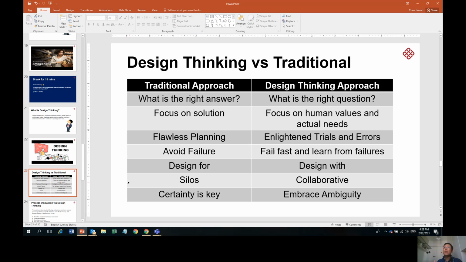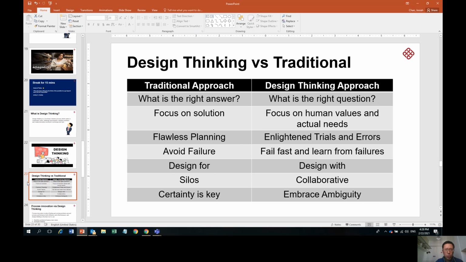You cannot always know what is right the first time. It's just the nature, it's just the process. You need to go through mistakes, and you need to go through trials and errors to find the right directions. So this is the very different mindset between the traditional approach and the design thinking approach.